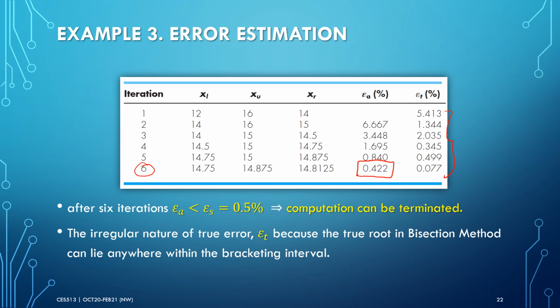Basically, when we know the true value of the root, xt, that is when we can calculate the true error. But if the true root value is not given in the question, we just have to calculate the approximate relative error.